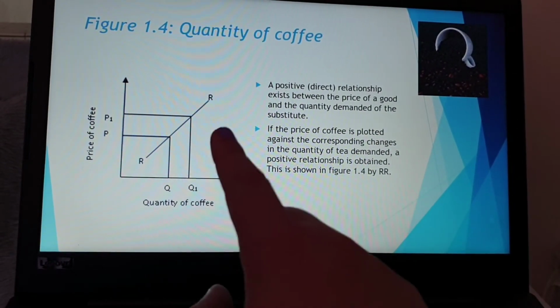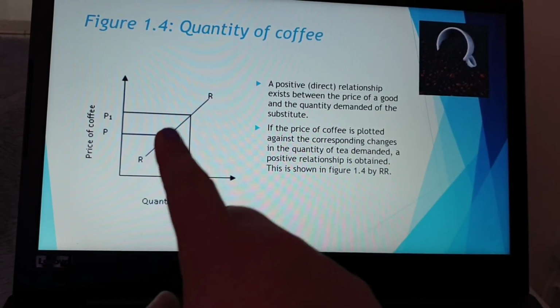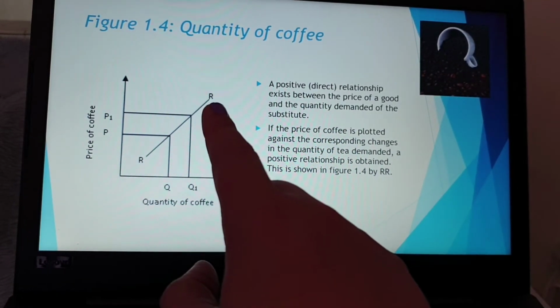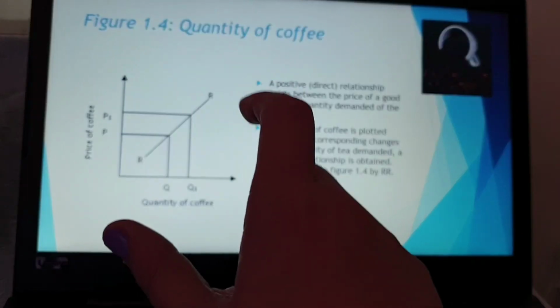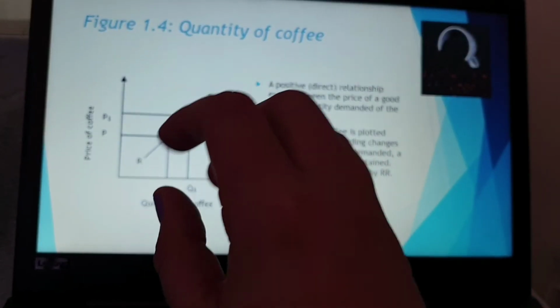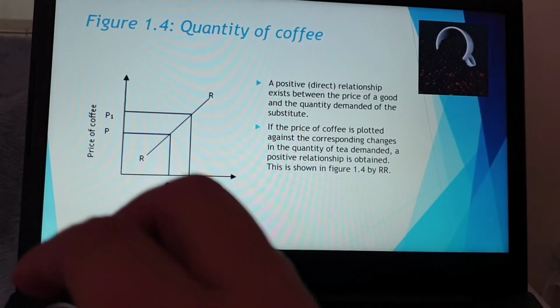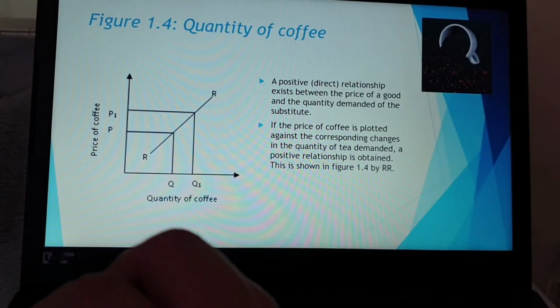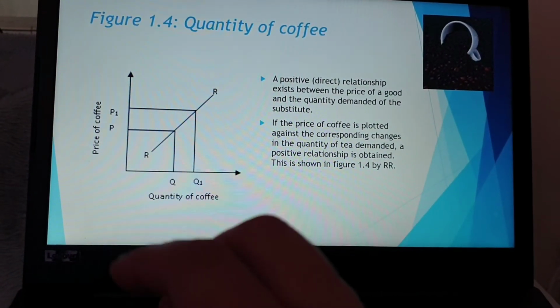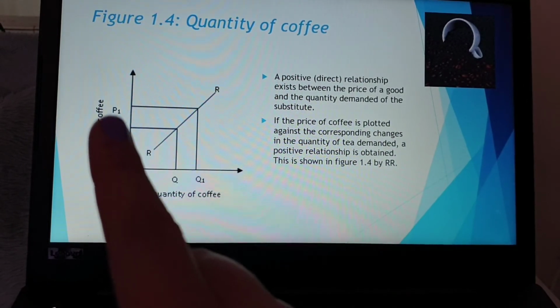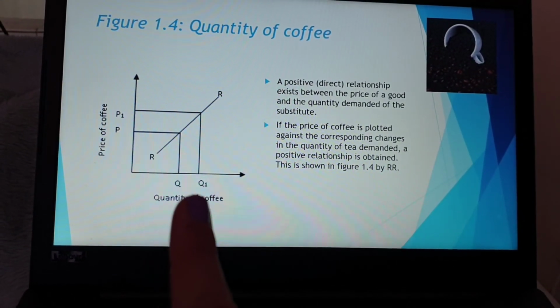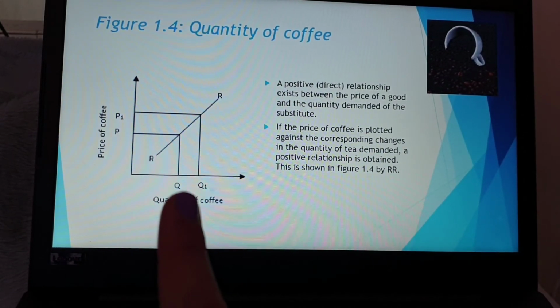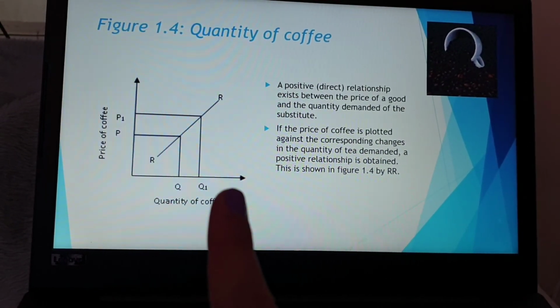So there's RR, and you can see it looks similar to my supply curve. Why similar to the supply curve? Because the supply also has a direct relationship between the price and the quantity. So in other words, if the price of coffee increases, the quantity of tea demanded will also increase.